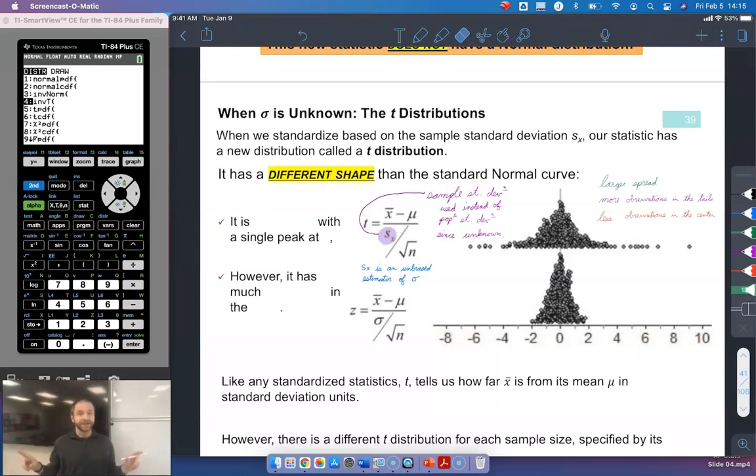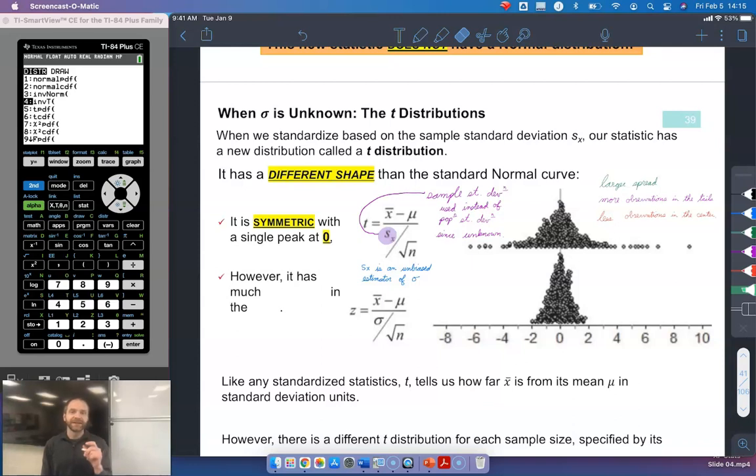They have a different shape. Right away I can see that the T has more spread than the Z does. However, they are both symmetric, and it has a single peak at 0, just like our normal distribution. So at least it has that.